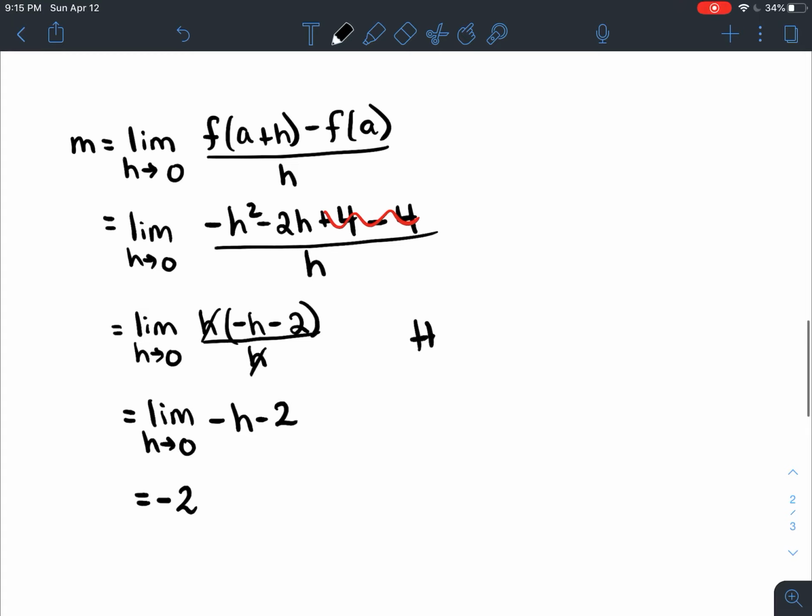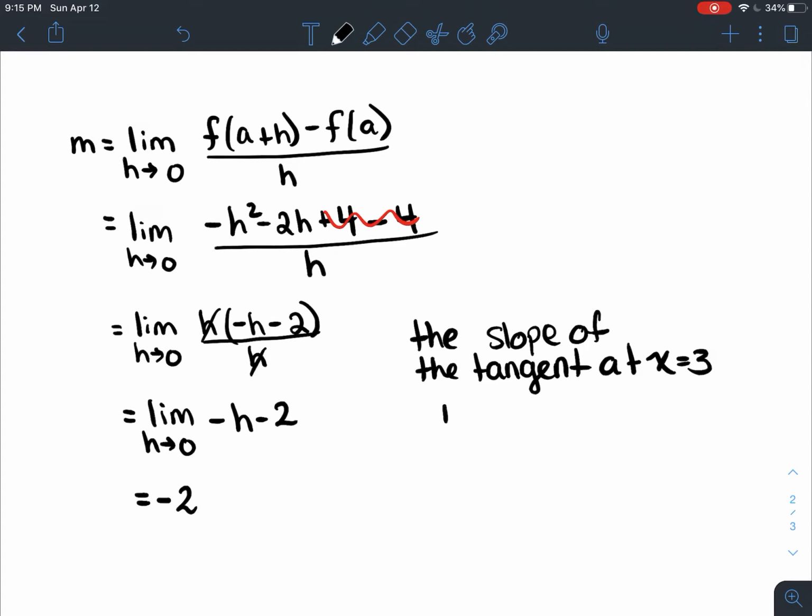So we can say that the slope of the tangent at x equals 3 is negative 2. So we just proved that whatever that graph looks like, I mean, it's going to look something like this.